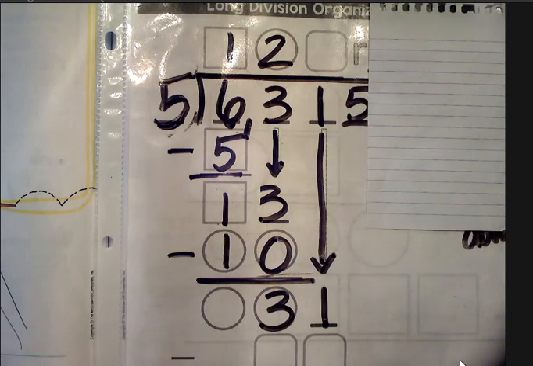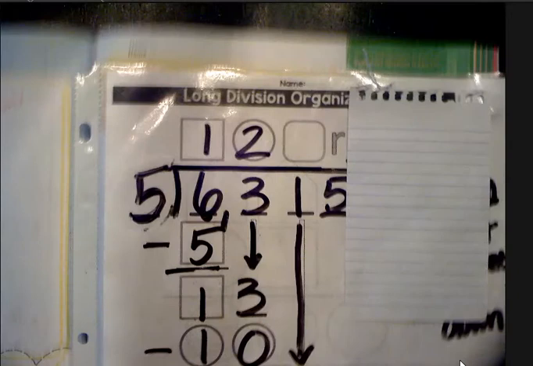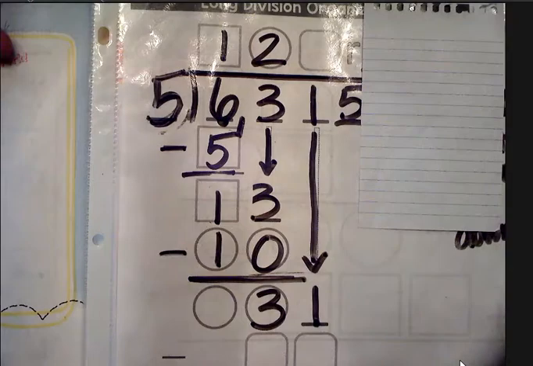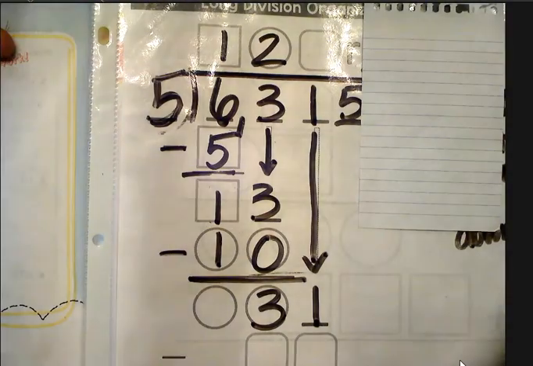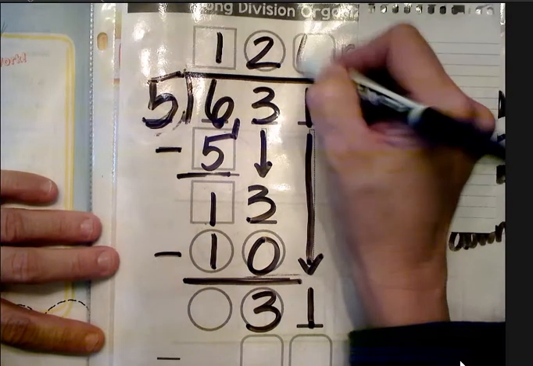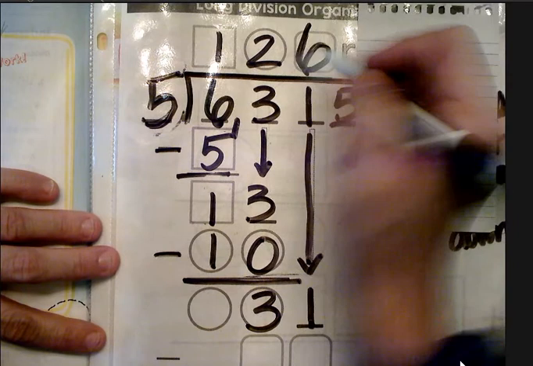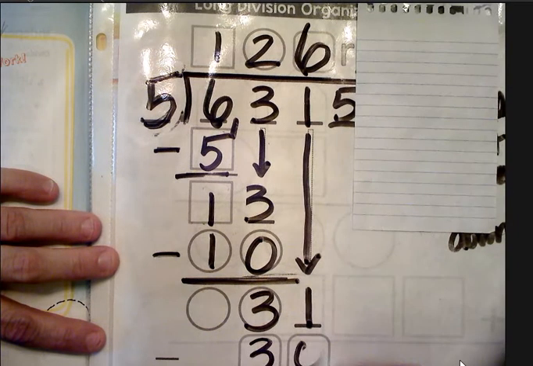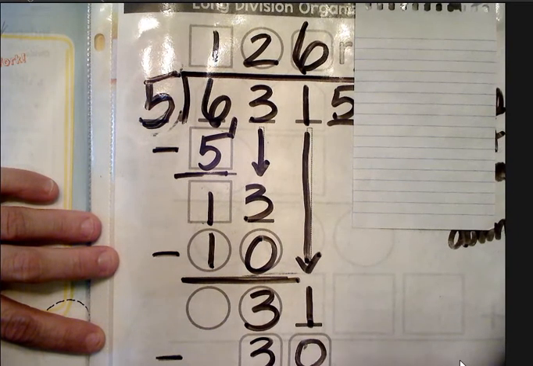How many times does 5 go into 31? Well, 30 divided by 5 I know is 6. What's 7? 7 times 5, that's 35. Yep, too big. So we're going to put our 6 up there. 6 times 5 is 30. I subtract. 31 minus 30 is 1.